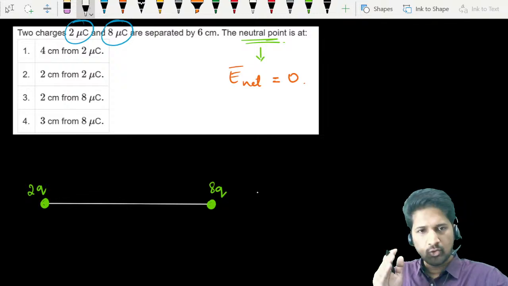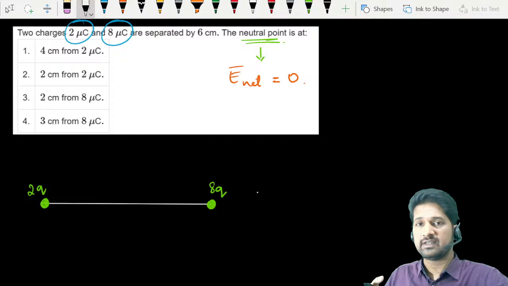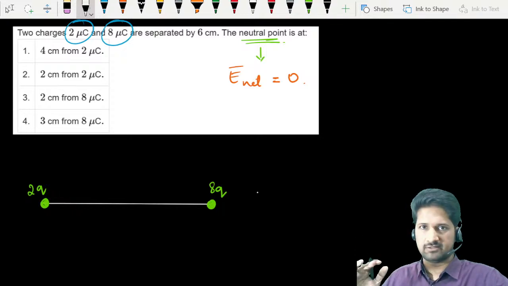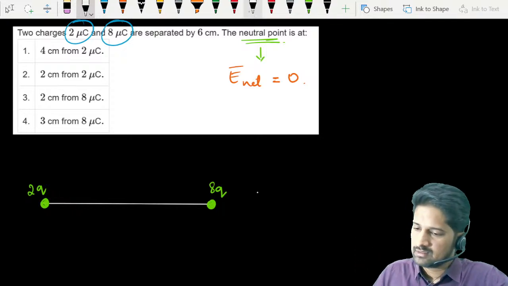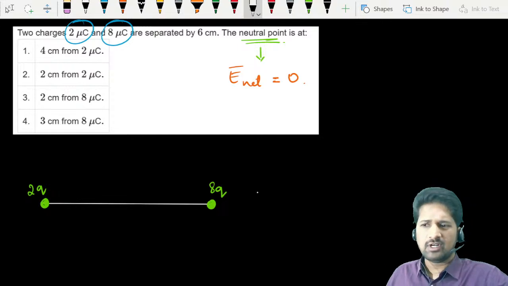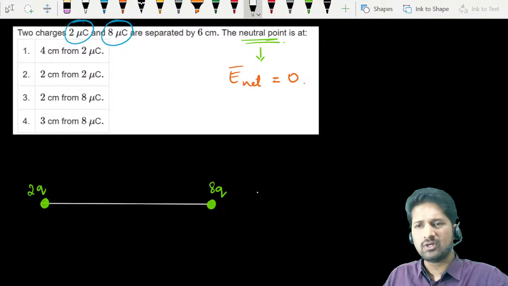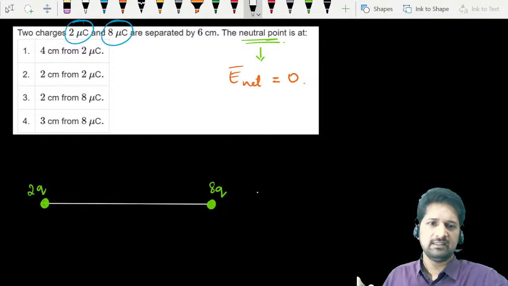Both are positive charges. They will create fields. Positive charges create fields directed away from themselves. Now, a neutral point produced by two charges can only lie along the line connecting the charges.